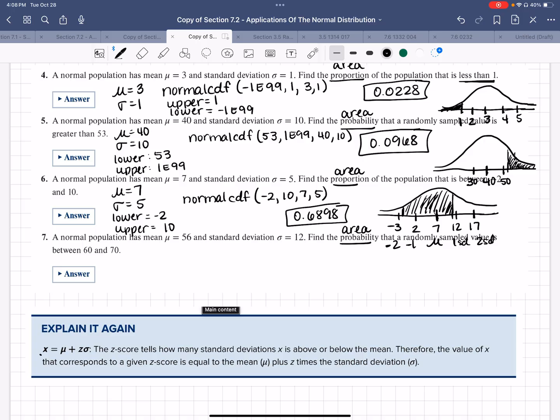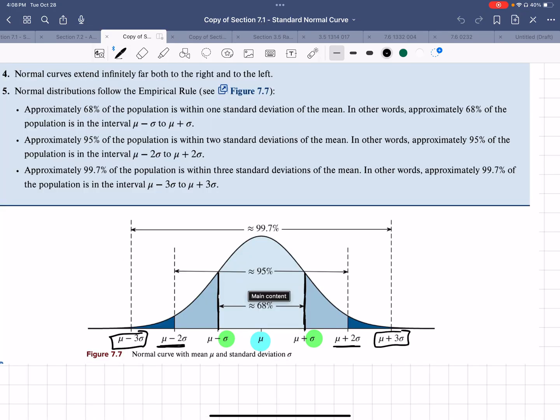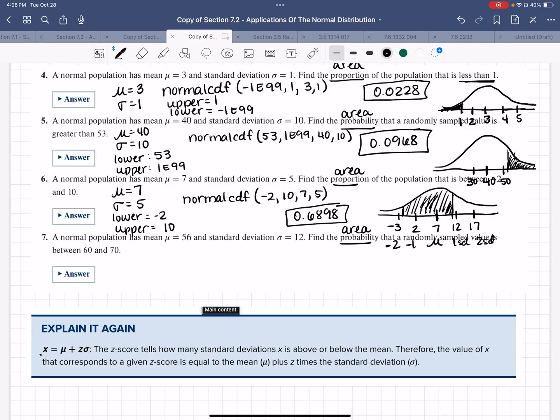If we go back over here and look at our picture, well, mu is 50%. This 68% means there's 34 on this side, and there's 34 on this side. So right now, you've taken care of 1 standard deviation away, which is already over 84% of the population, right?